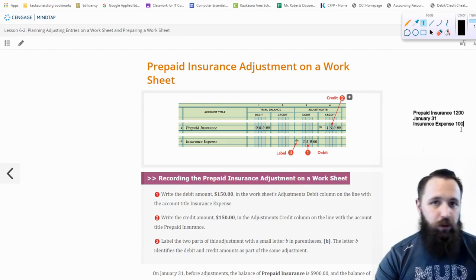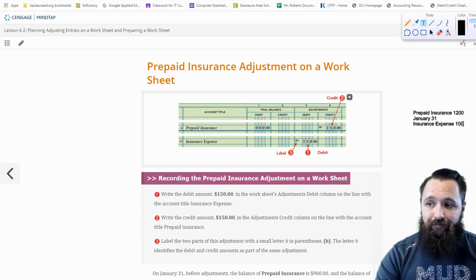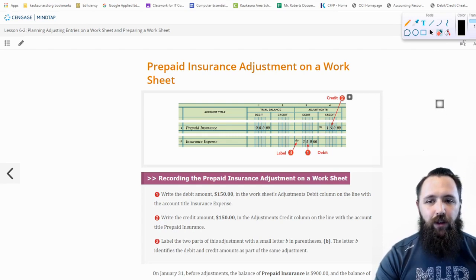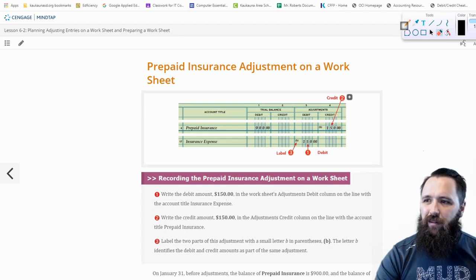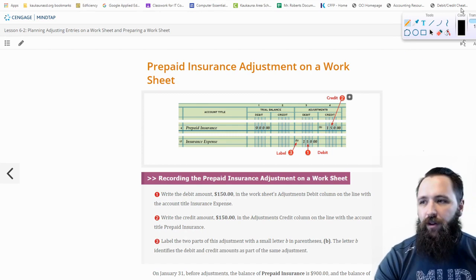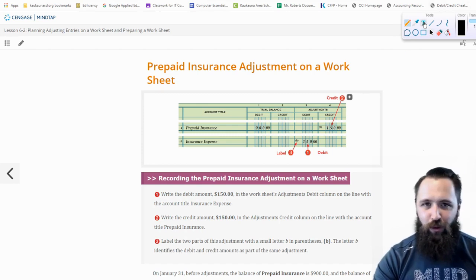So the insurance expense would be $100. In real life, it's really easy to write off the insurance that you've used because it goes down by the same amount every single month, unlike something like supplies. You never know how many pens you're going to use or whatever that looks like.